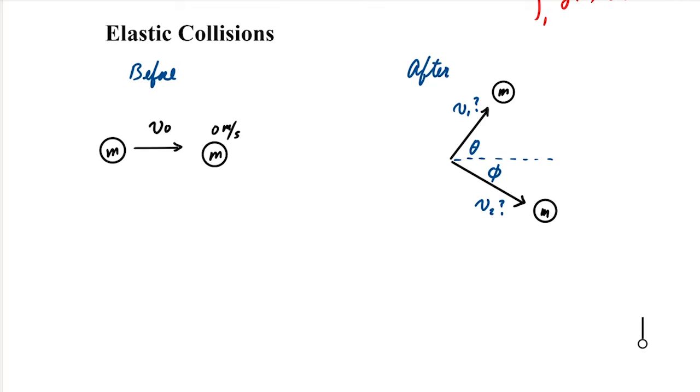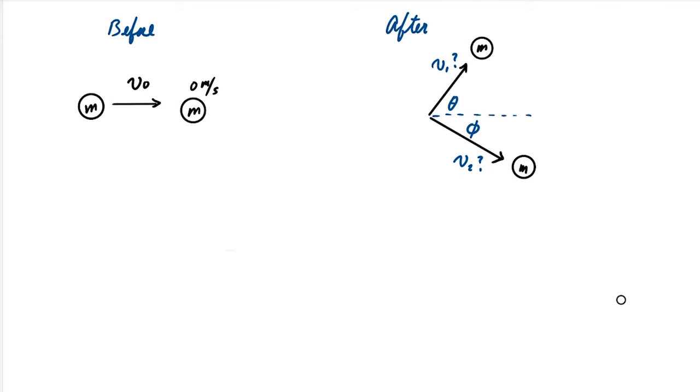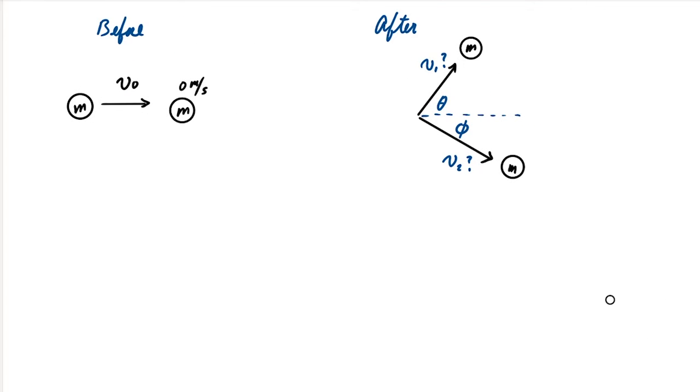Okay, so let's do it. So in the x direction, your momentum is conserved, right? So we'll first consider momentum in the x direction. Originally you have m v naught, correct? And on the other side, we can make triangles out of this, right?